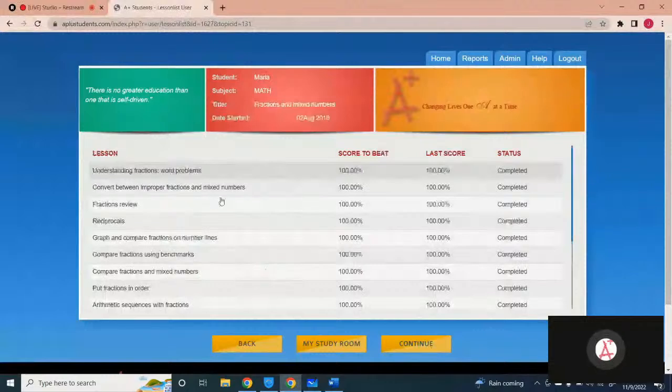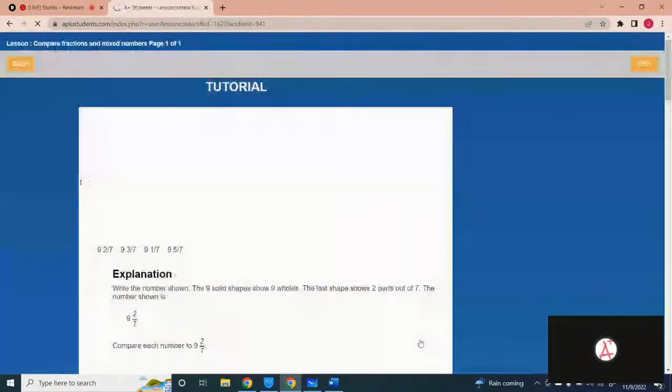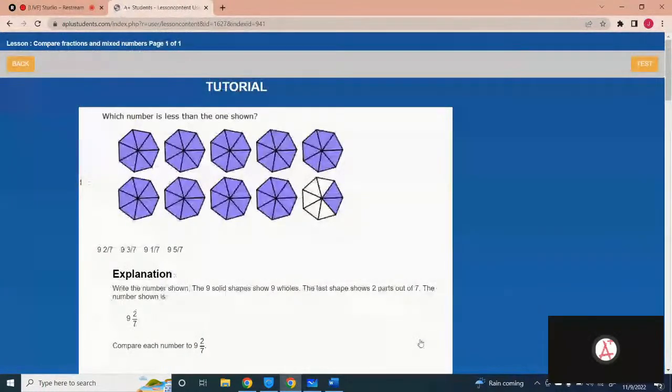And here is the lesson name. Compare fractions and mixed numbers. Which number is less than the one shown? Okay, so you are shown two of the fractions you need to see. You are shown one of the fractions.